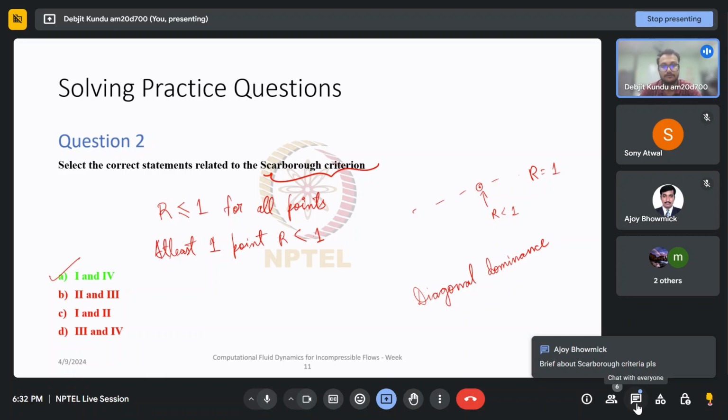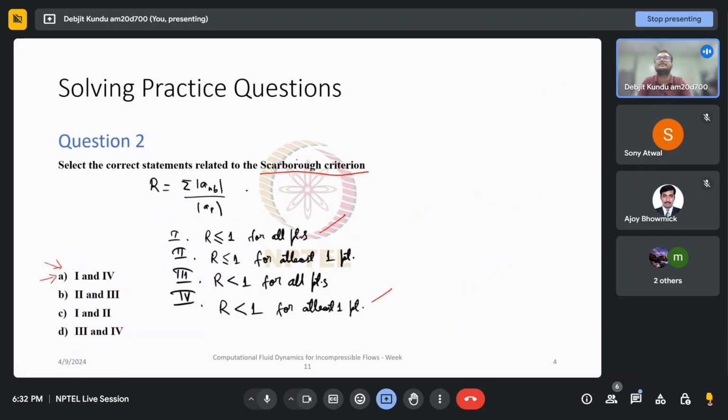Oh, okay. So the derivation of Scarborough criterion is not there. You'll just have to know what it is. So basically, the equations after discretizing in finite volume method sort of boil down into these forms.